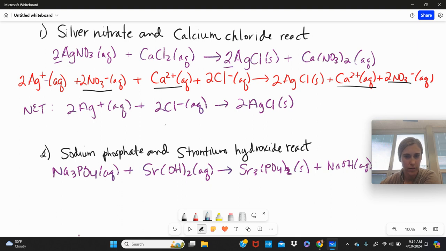There's 2. So we're going to need to do a least common multiple, 6. So 2. It's going to give you 2 phosphates. 3. You're going to need a 3 here. 3, 3, 6. Okay, now we're good.